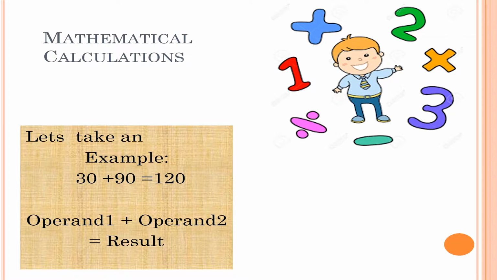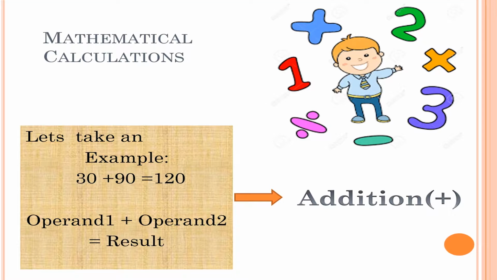Here, 30 and 90 are the operands, and we shall use the operator plus to add these two numbers. This is an addition operator from the arithmetic operator series. This example is also an example of binary operation.